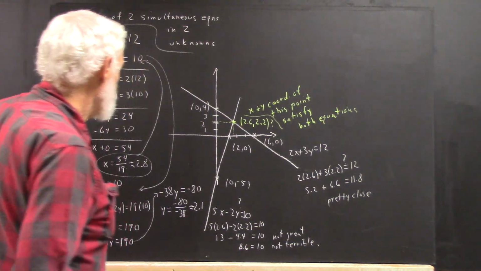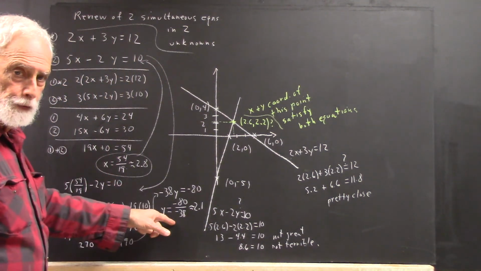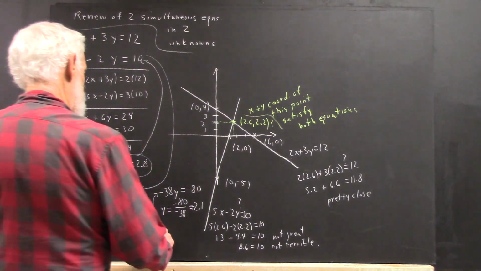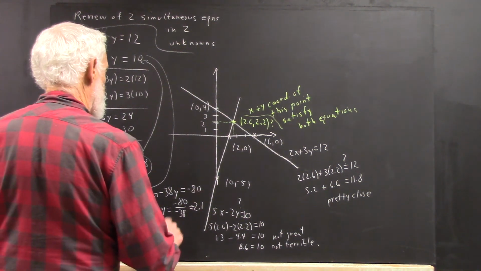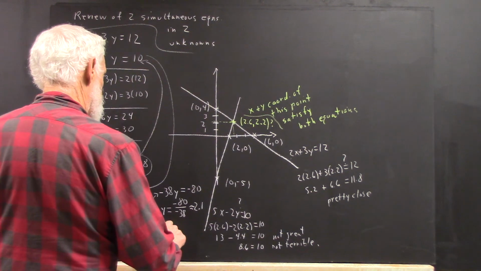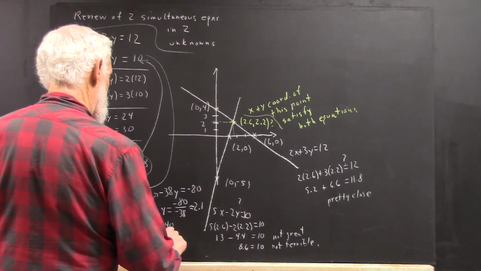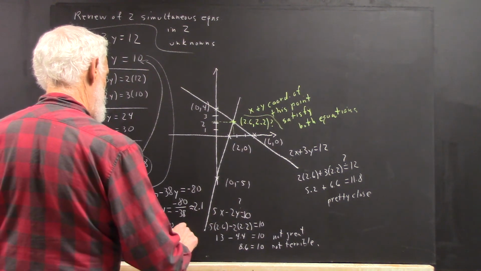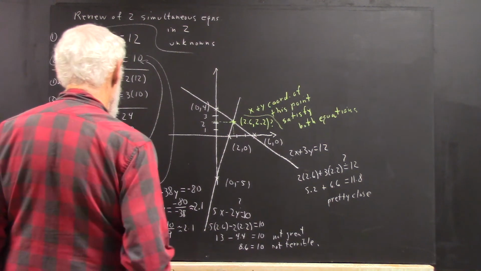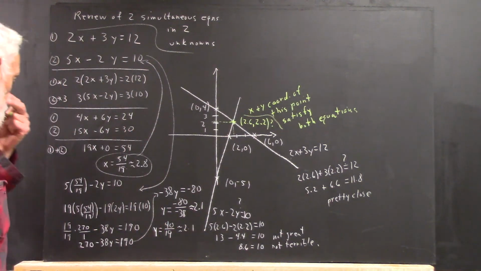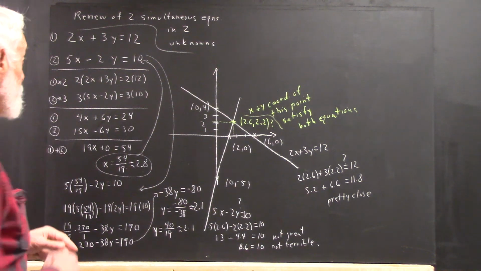Now, our estimates are not going to give us the exact fractions, okay? So y equals this. Now this fraction reduces to 40 over 19, which is about 2.1.